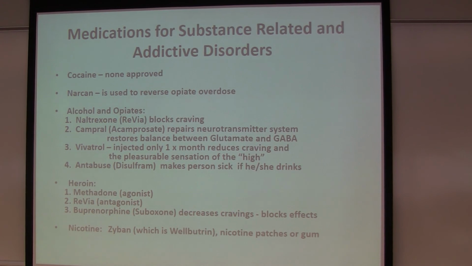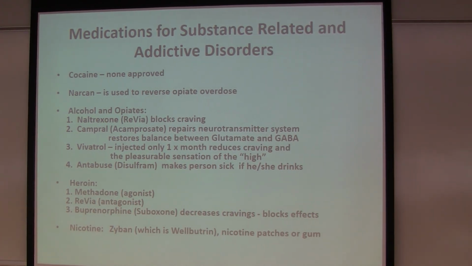Narcan is a very important medication, and I want you to remember this name. It is being used across the United States, and it has actually been used since the 1960s. But in this day and age, with the opiate crisis, it's being utilized by not only healthcare professionals, emergency medical personnel, firemen, police officers, and even lay people are being trained in how to administer Narcan.